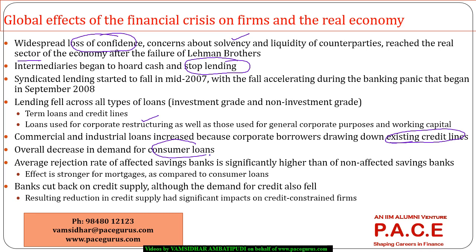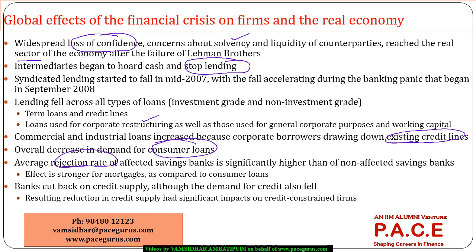But overall we see that there has been a big decrease in demand for consumer loans during the process. Even the rejection rate, earlier it was subprime lending, but now the rejection rate has affected the banks very badly. The number of rejections is significantly higher than at any of those non-affected saving banks.